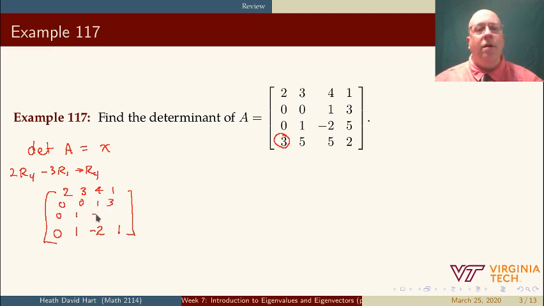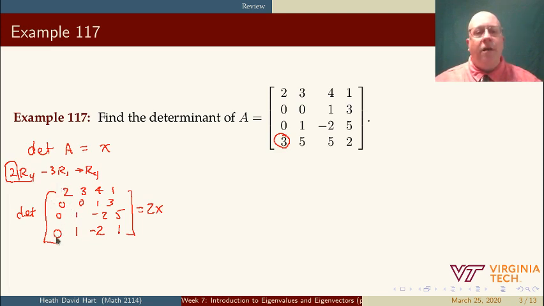So we get 0, 1, negative 2, 5. And this step caused the determinant to go up by a factor of 2 because the row that we were changing got doubled. And so now this determinant is equal to 2x.